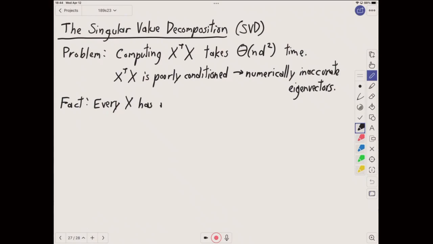All right, so what is this singular value decomposition of X? Well, I take my matrix X and I write it as a product of three different matrices, U, D, and V transpose.